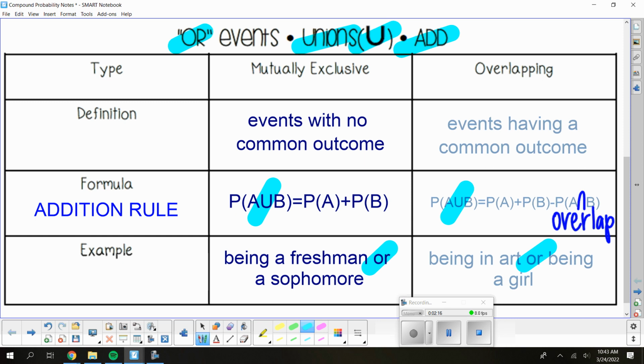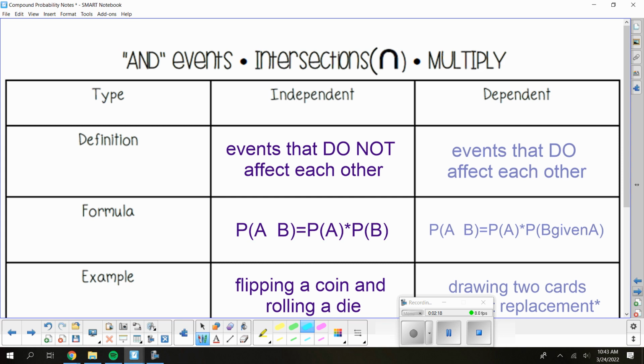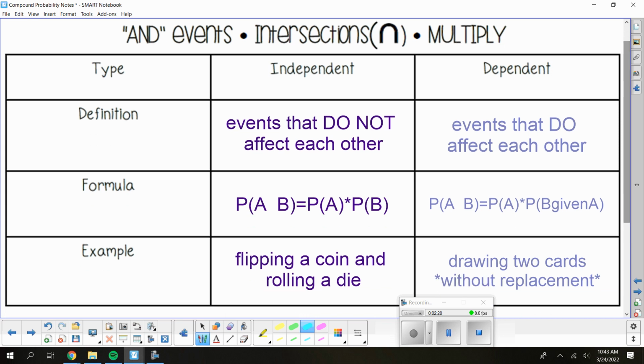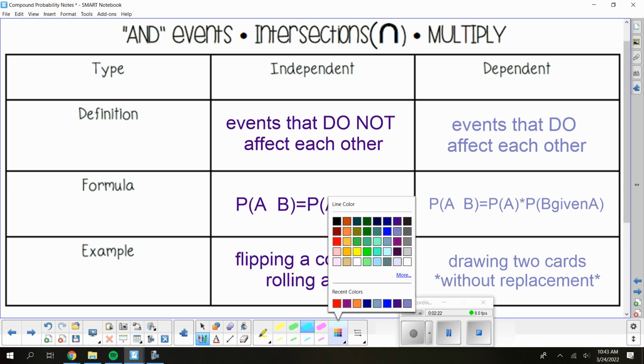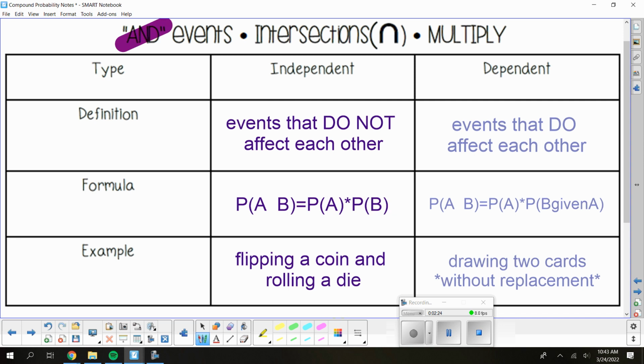All right, our second type is our and events. Our and events are going to be our intersections, which we'll use that upside down U to symbolize. Whenever we see an and, we're also going to want to think multiplying. Events that do not affect each other are independent events.